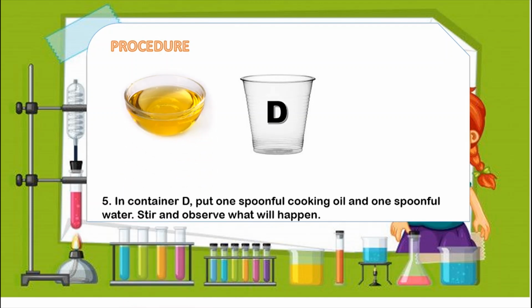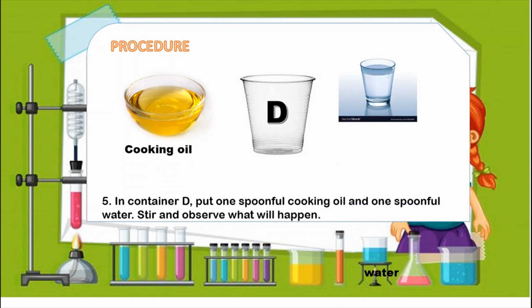Magkuha ka og kutsara, tapos magkuha ka diha og gamay nga oil or isa ka kutsara na lang nga oil, isulod nimo diha sa baso, container D. Tapos butangan pud nimo og isa ka baso nga tubig. Dayon, observe what happens. Stir gyapon inyong kutawon. Then observe what will happen.